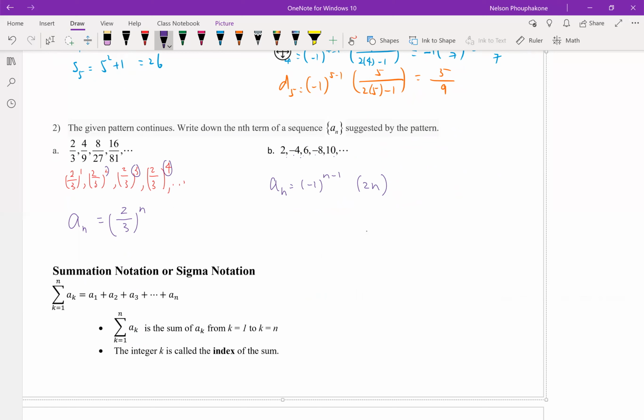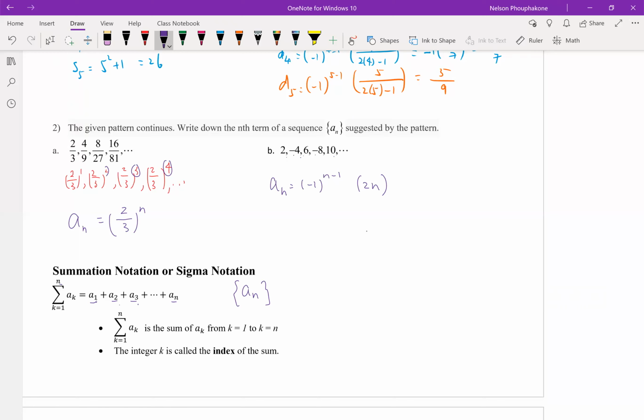So how do we create the summation notation? We would write the sigma. And then the sequence that I have is a sub n, because when n is equal to 1, n is equal to 2, n is equal to 3, and so on and so forth.